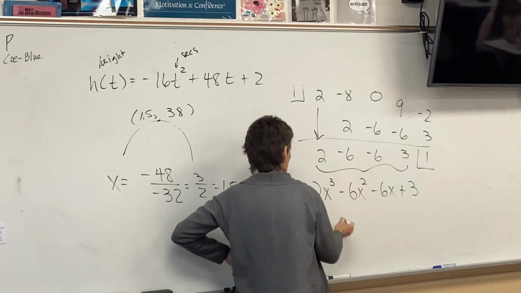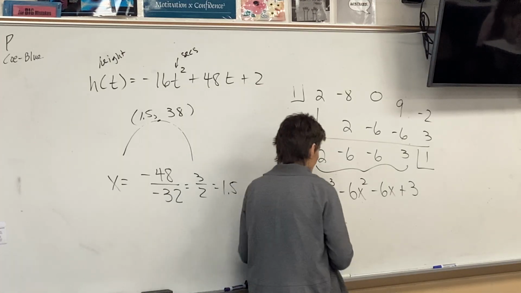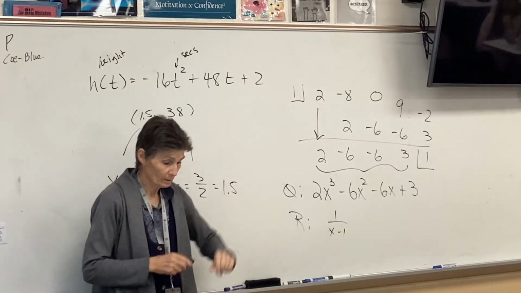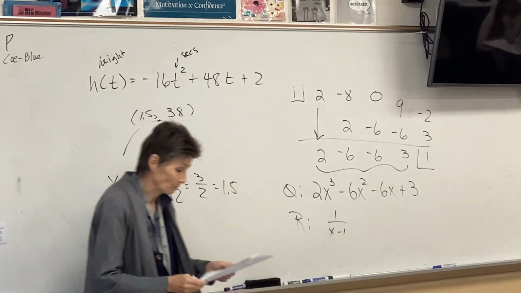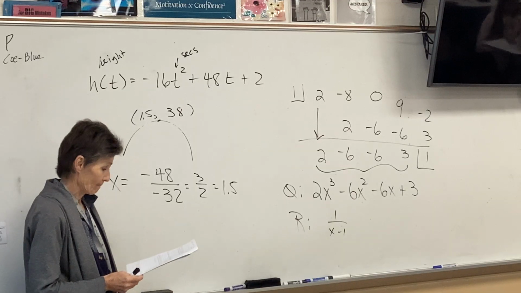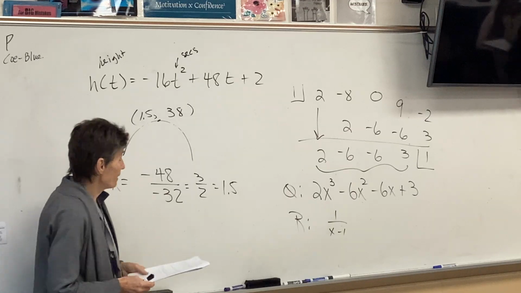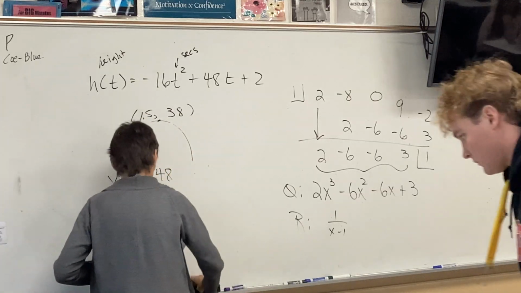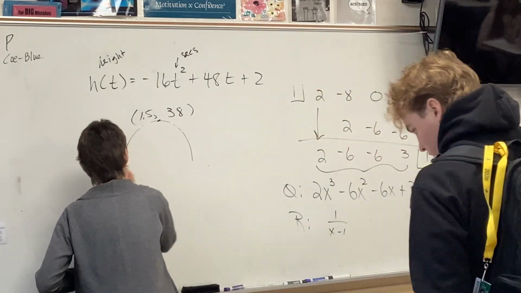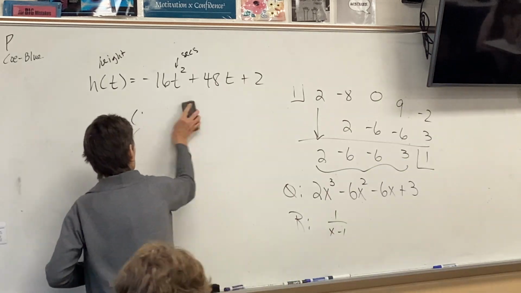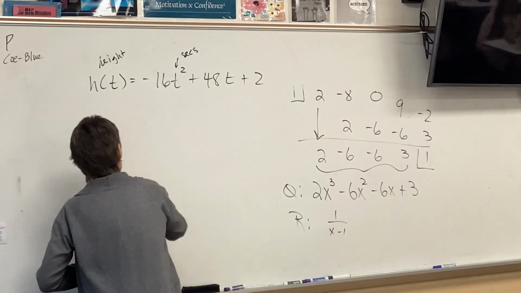And then my remainder is 1 over x minus 1. And if you just write 1 for the remainder, I'm not going to count that wrong. Always, always, always when you use synthetic division, be on the lookout for those zeros. Always, but especially in this kind of problem.